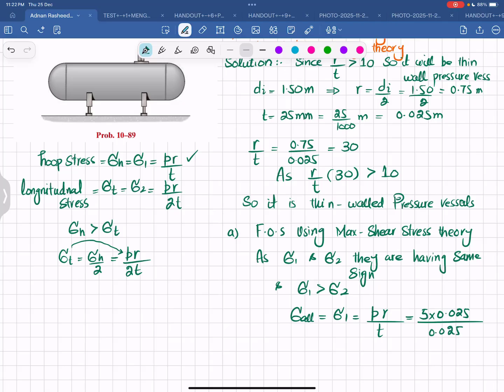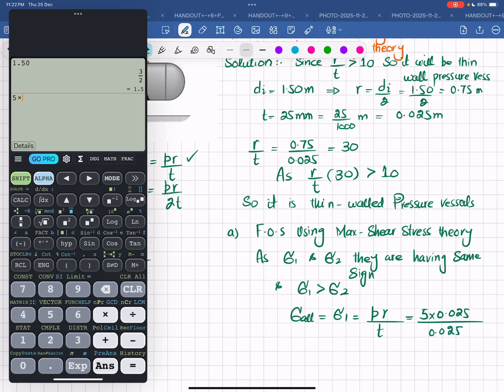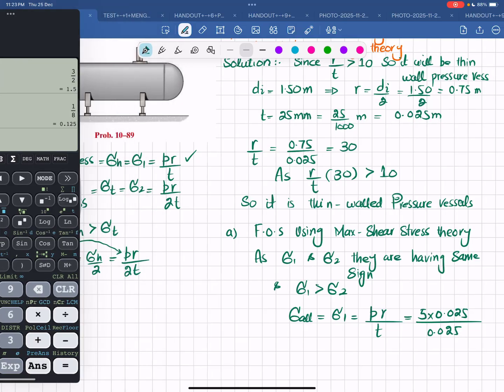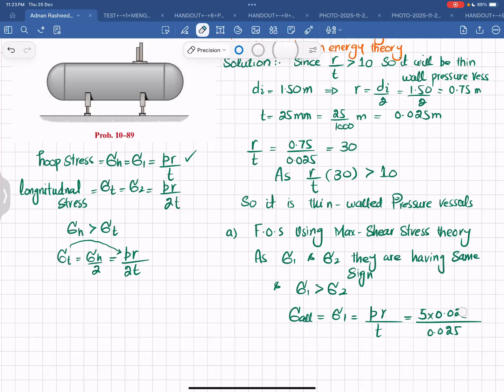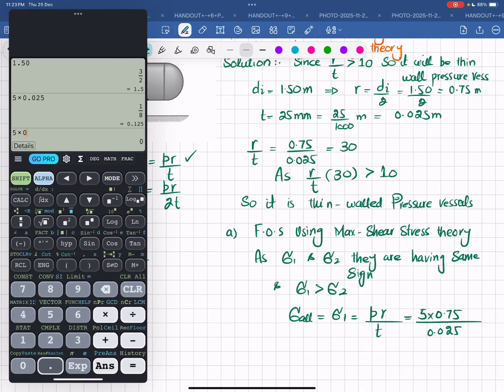Okay, so we will calculate it: 5 multiplied by 0.75 divided by 0.025, and we can see that the allowable stress sigma 1 is equal to 150 megapascal.